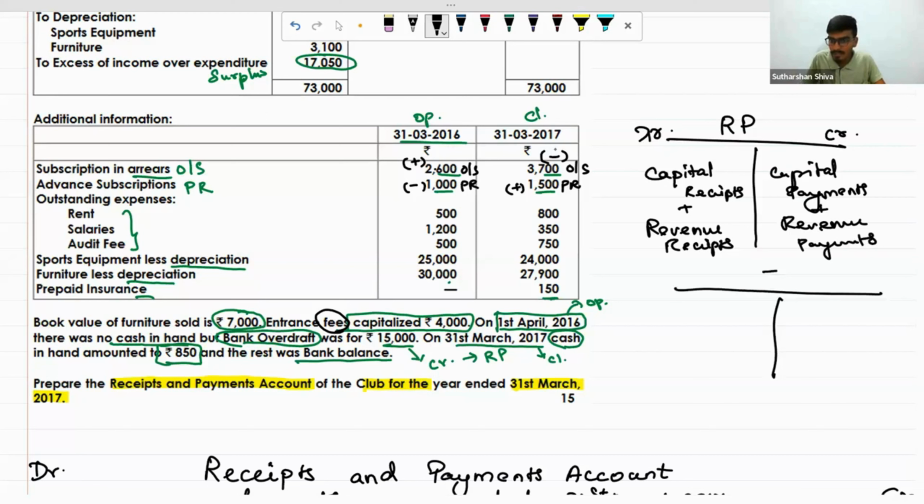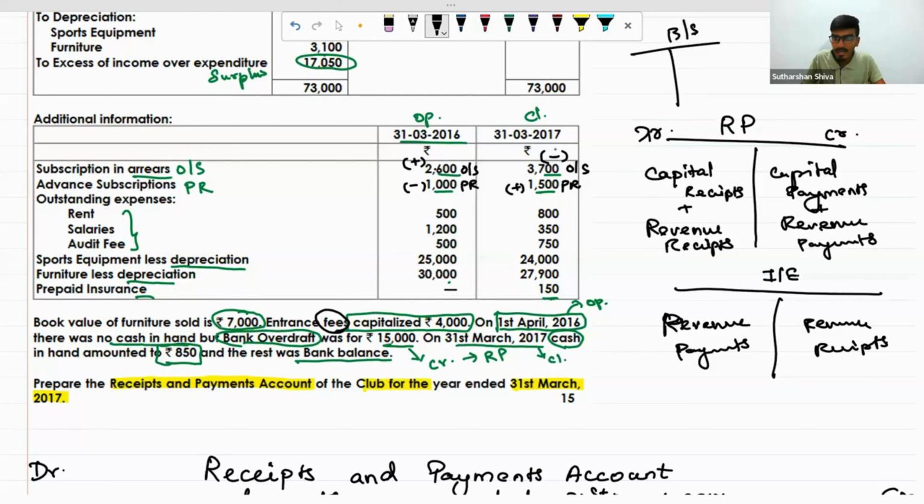While in the case of the income and expenditure account, we will only record revenue payments on the debit side and revenue receipts on the credit side. Same in the case of the balance sheet, we will record capital payments and capital receipts.